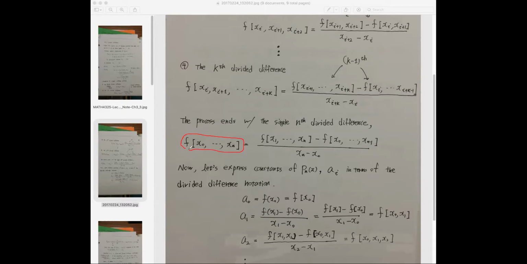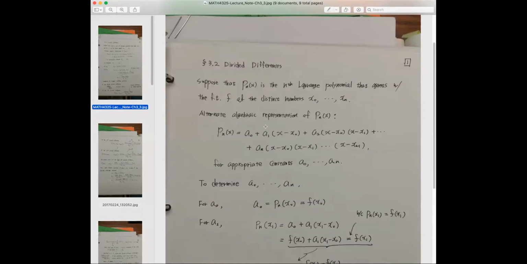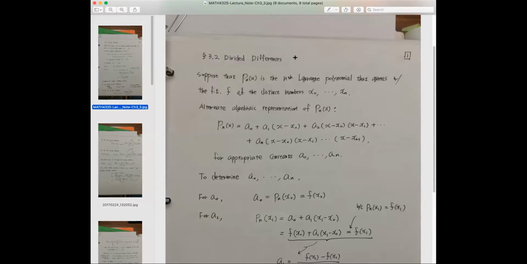So now let's express the constants of P_n(x), the a_i, in terms of the divided difference notation. So we express all the constants in terms of the divided difference notation. But here's a question: you may wonder why we want to express the Lagrange polynomial like this.